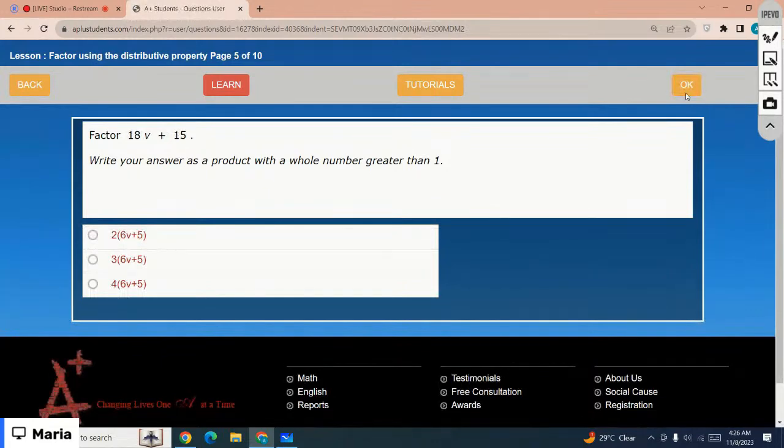Okay, then you have 18v plus 15. So which is the correct option? How do you factor?